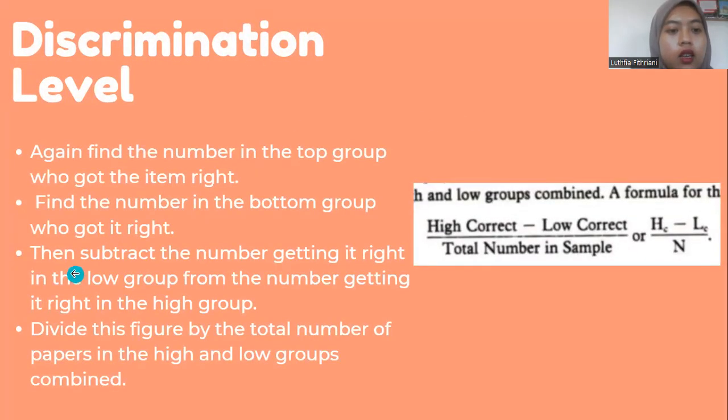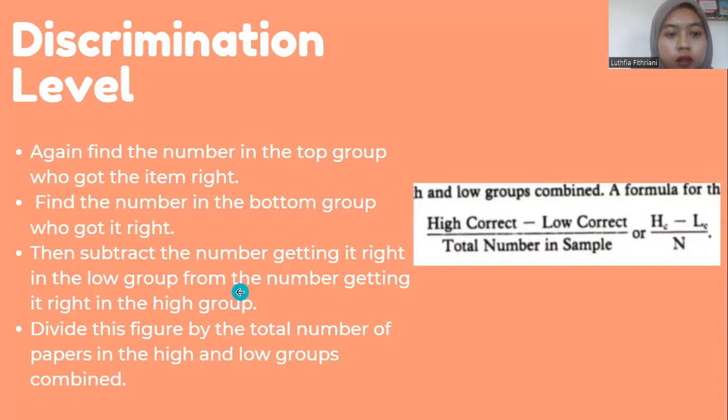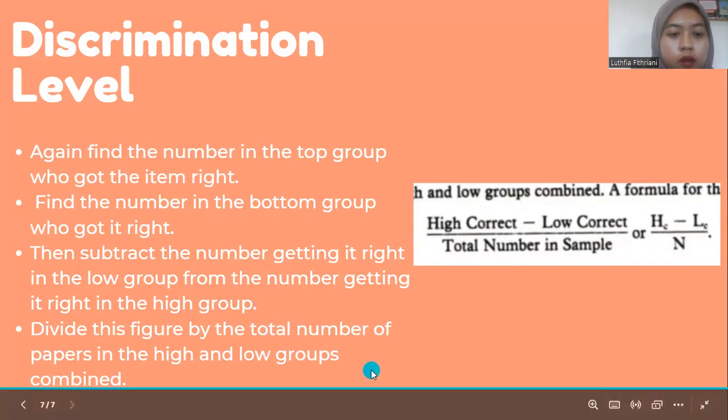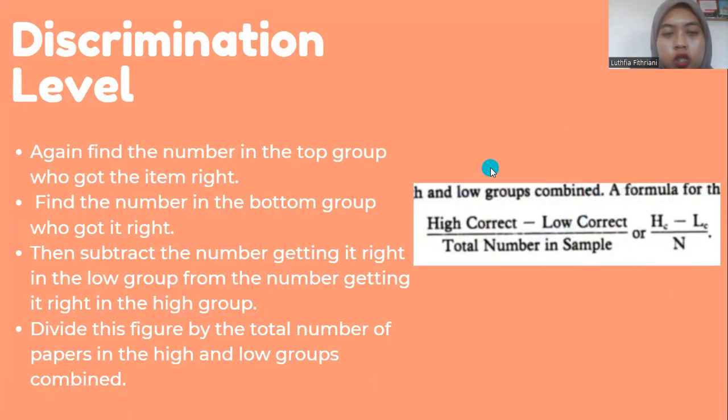And after that, subtract the number getting it right in the low group from the number getting it right in the high group. Divide this figure by the total number of the papers in the high and low groups combined. So this is the formula that the teacher should use in determining the discrimination level: high correct minus low correct divided by the total number in sample.